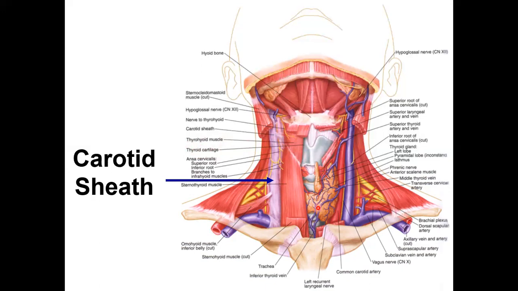And what else is important in this picture? So this is your thyroid gland. Even though the thyroid cartilage is up here, the gland itself actually surrounds the trachea. This is the isthmus.